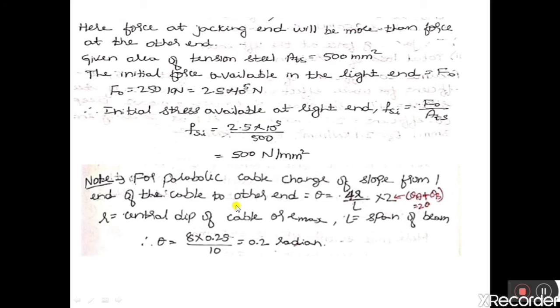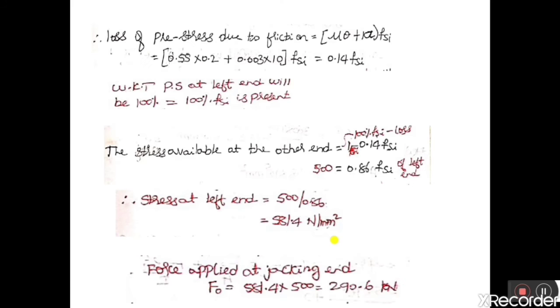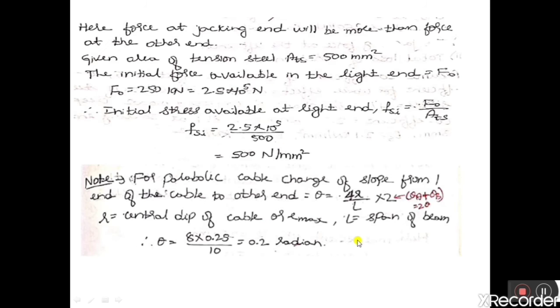By simplifying this, theta is equal to 8 into r, which is 250 millimeter, 0.25 in terms of meter, divided by 10. That gives us 0.2 radian. So theta is equal to 0.2 radian, and L is equal to x.